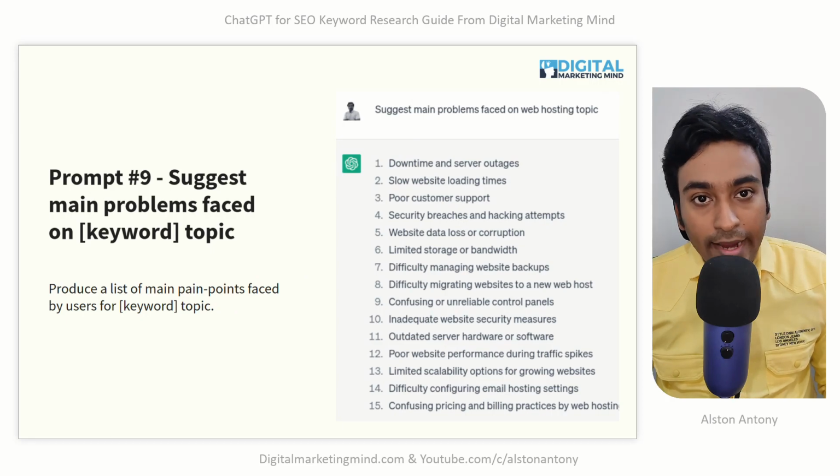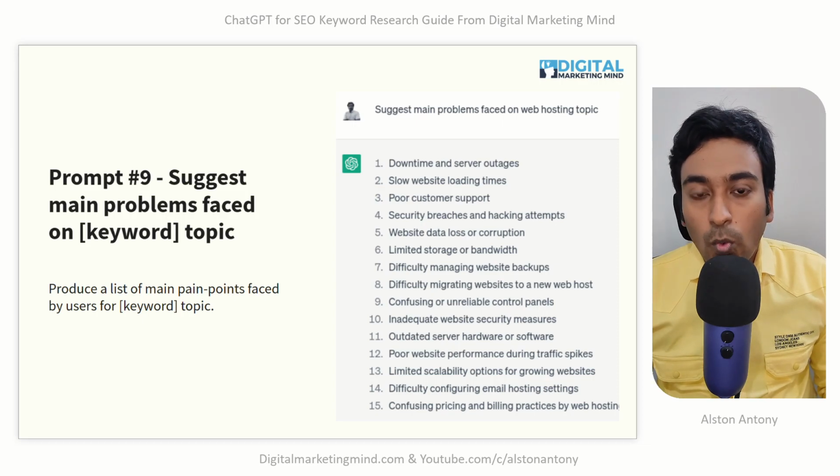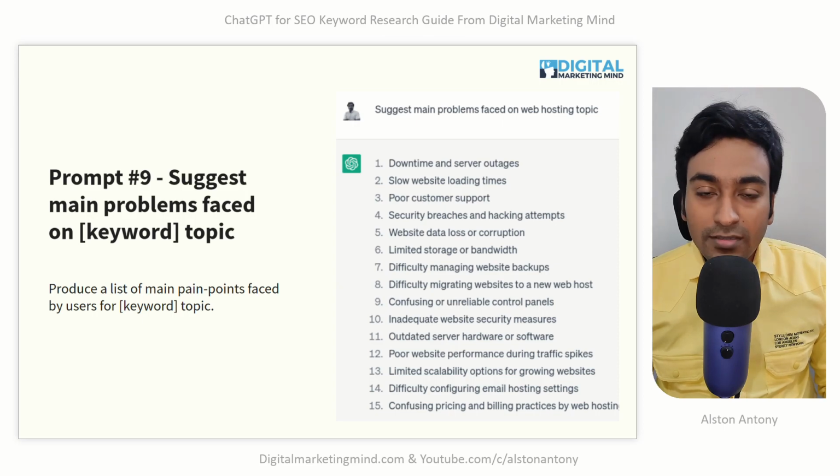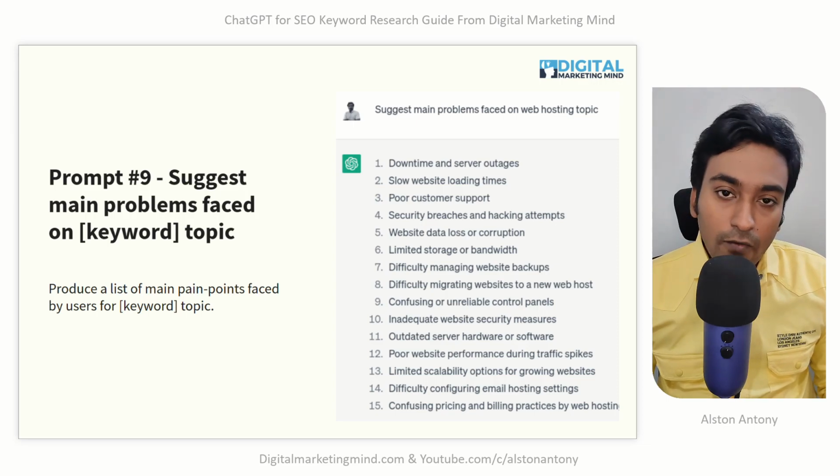The prompt 9 is suggest main problems faced on the keyword topic. This is also one of the advanced keyword research techniques I like to use, because these are not just data, but we are actually trying to understand our audience.